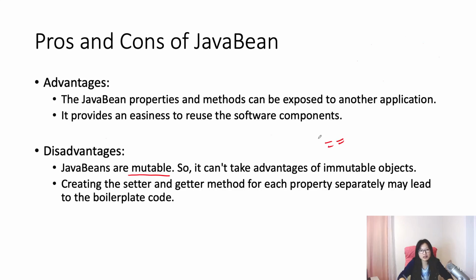Another problem is that for every JavaBean class and every property, you have to provide getters and setters, which is boilerplate code, and you have to include it in every JavaBean class. There is another dependency or library you can use to get rid of that boilerplate code, called Lombok.